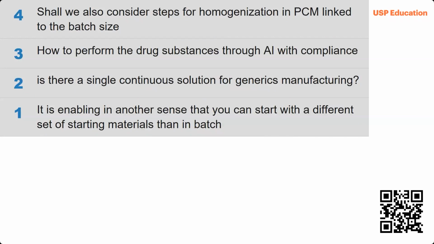Maybe this is meant by static mixers or something. I'm not sure either. The batch size definition is independent from what steps you use. I think homogenization is mostly a part of drug product manufacturing, so I'm not sure what that means. But anyway, let's go to the next.